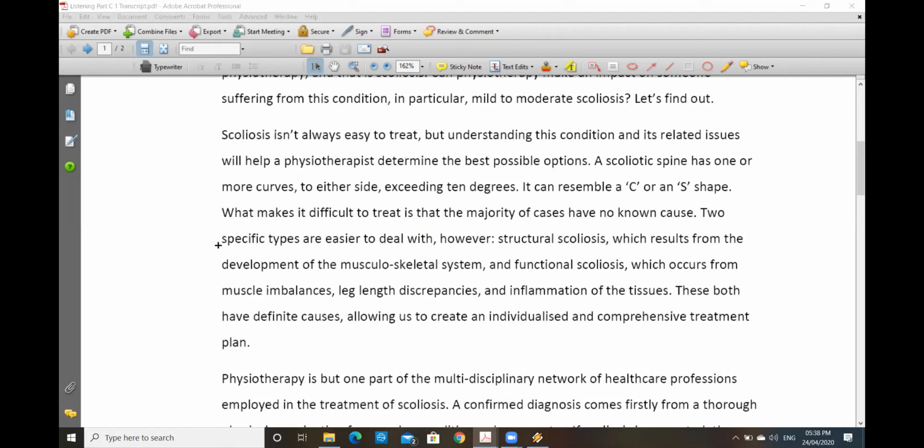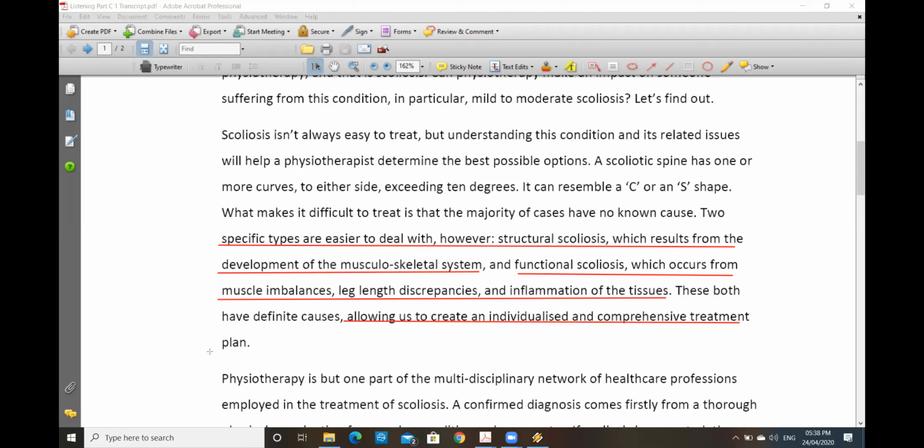specific types can be easier to deal with, that are structural scoliosis, and he explained what it is caused by. It is caused by developmental problems, and functional scoliosis, which is caused because of muscle imbalances. And both of these have definite causes, allowing us to create an individualized and comprehensive treatment plan.